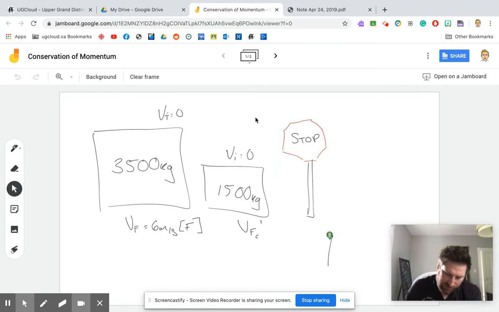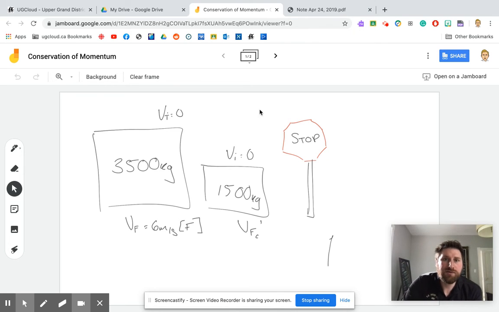Okay, and so all we're going to do is, well, first we know that the total momentum before the crash is equal to the total momentum after.